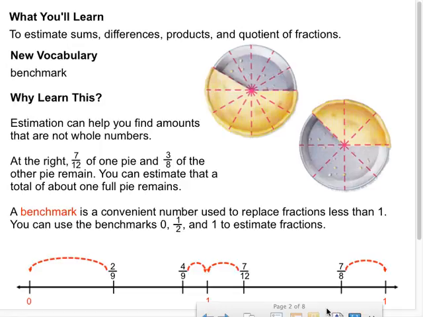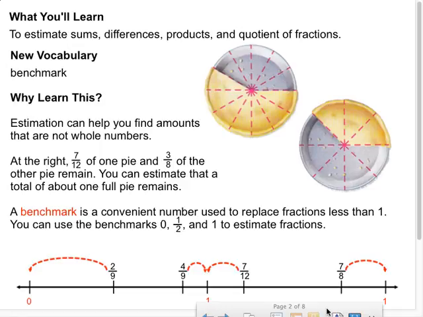New vocabulary includes benchmark. Fractions that are not whole numbers. On the right, 7/12 of a pie and 3/8 of a pie. You can estimate that in total there is about 1 full pie.